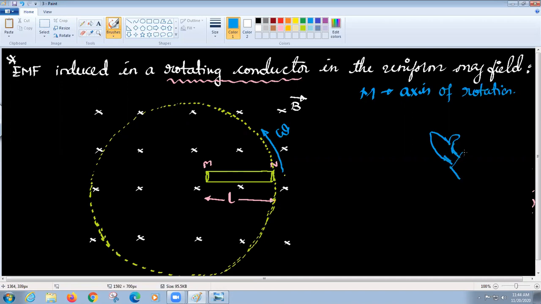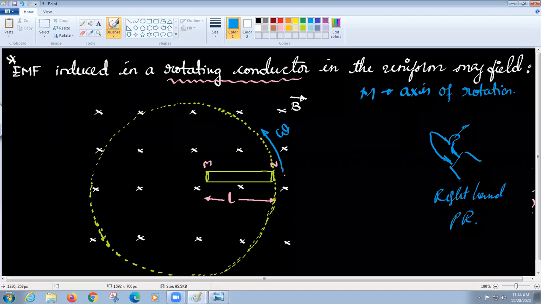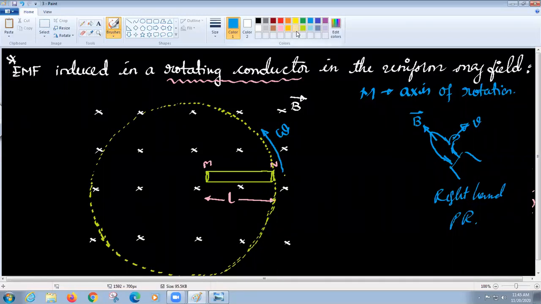You take your right hand again. I'm just using the right hand palm rule. Now along this thumb, what do you take? You can take linear speed. This can be V here, and you have B like this. Now, how is the normal to the palm?